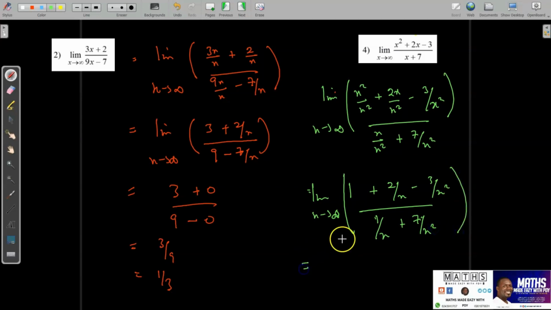And therefore, at this point, the limits need to affect them separately. So limit of this will give us 1. Limit of 1 as x approaches infinity is 1.